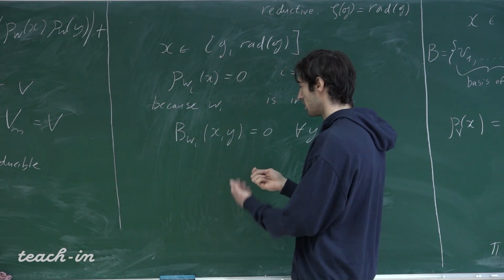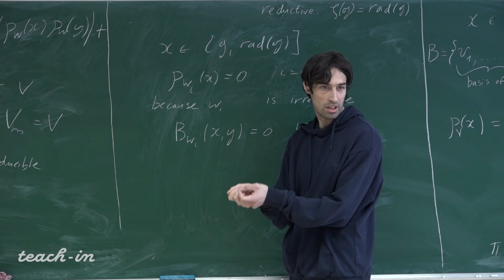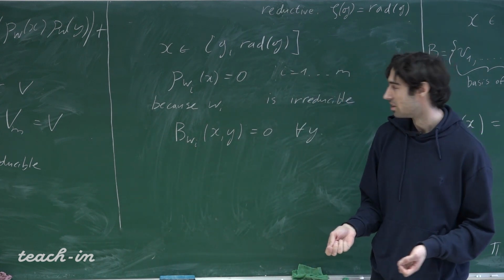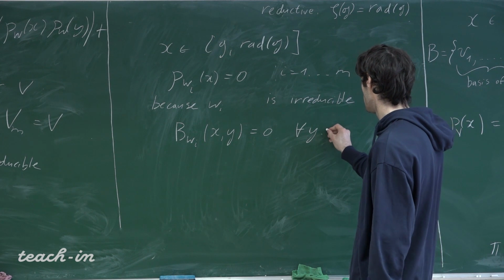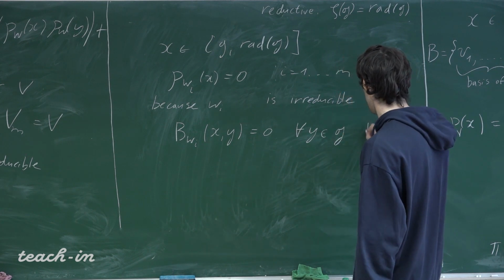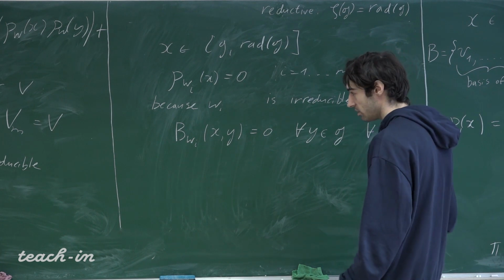Right? So I just take a 0 matrix and some other matrix, multiply them, I will get a 0 matrix. Of course, the trace of a 0 matrix is 0 for all y in G. Right? And this is for all i from 1 to m as well.